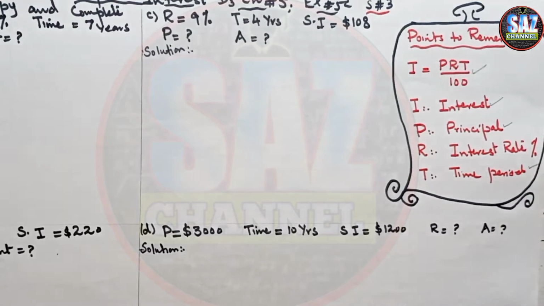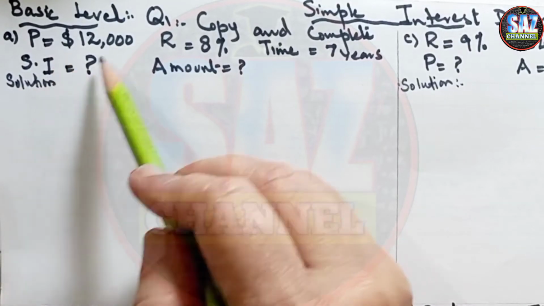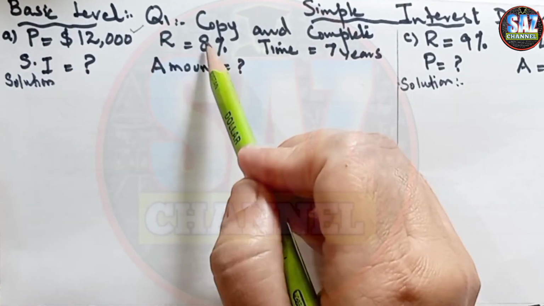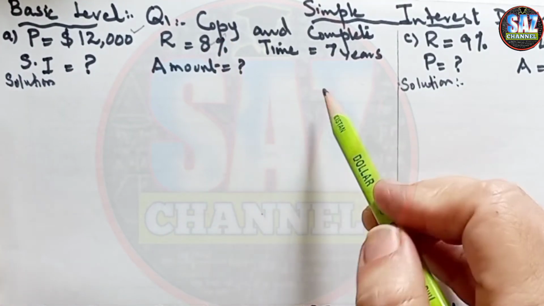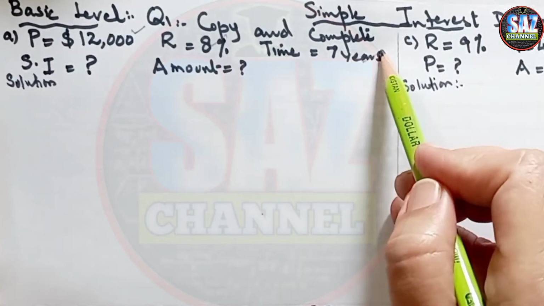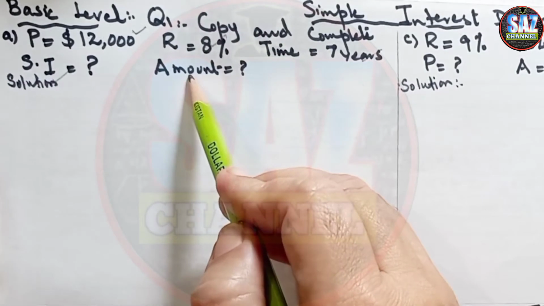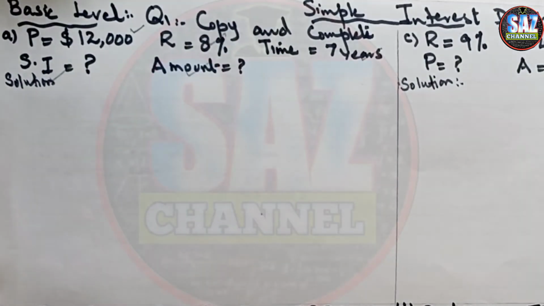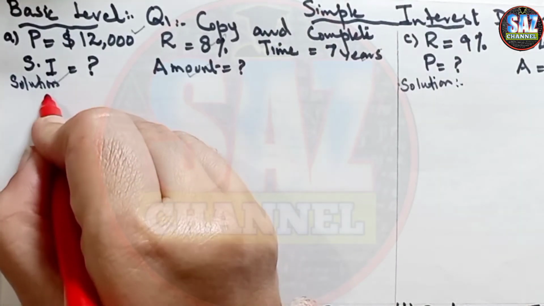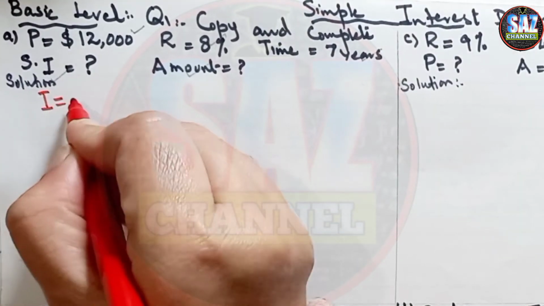The first part of the question says that principal is 12,000, rate is 8%, and time is 7 years, and we have to find the simple interest and then the amount. Recall the formula for simple interest: I equals PRT upon 100.